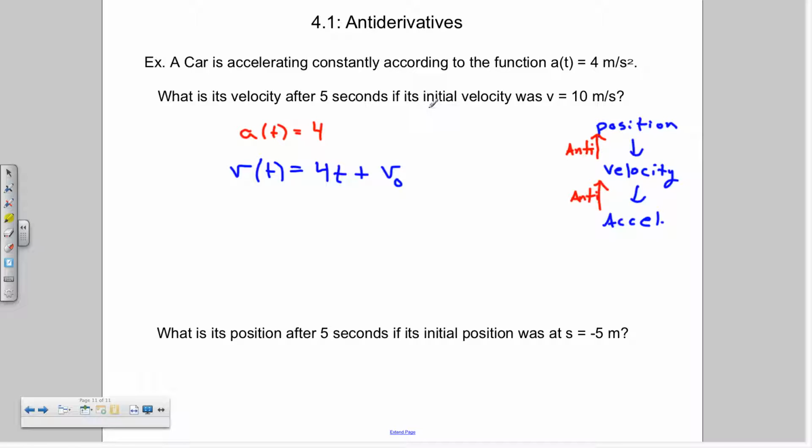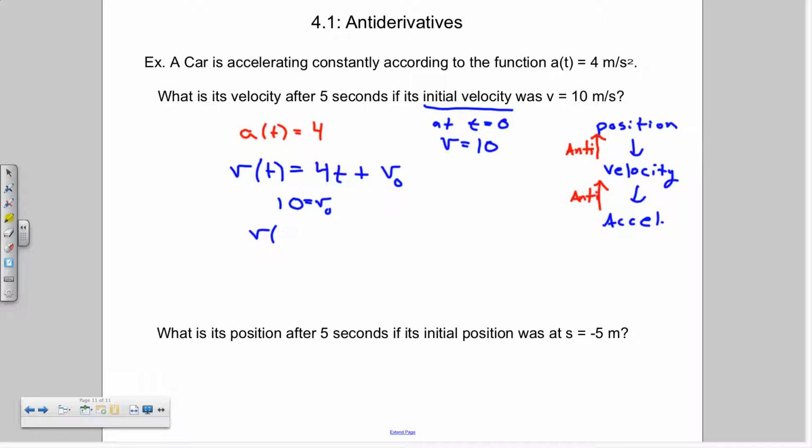Now what we have to do is use that initial velocity. That means at t equals 0, v equals 10. If we plug in 0 for t and 10 for v, we end up knowing that v naught, the initial velocity, equals 10, which should be kind of obvious.